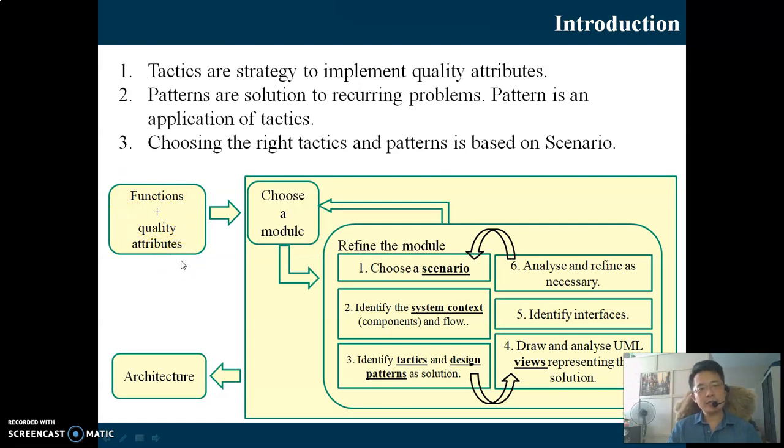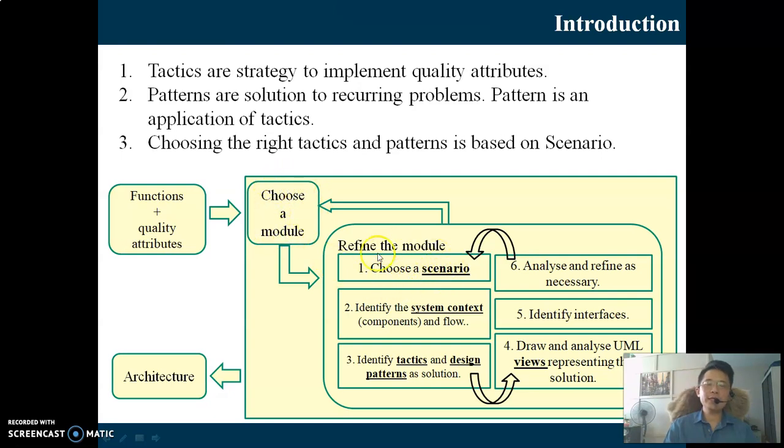An architecture, as you have learned, contains the components and relationship between the components to deliver the functions, qualities within the constraints. To identify the components, we need to start by looking at the context diagram, which is the first module, the first monolithic module, the system itself, and its interaction with its environment, the system context.